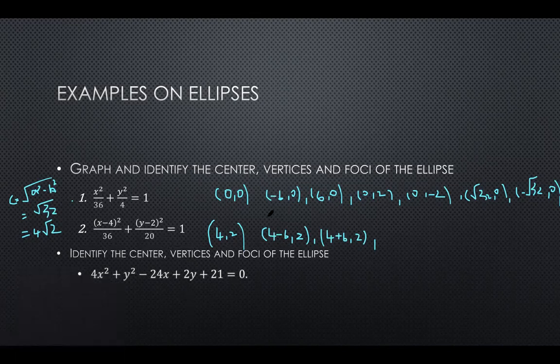So I use the yellow pen to denote the foci and the vertices before you move to the new center. This is for the case where the center is at 0, 0.